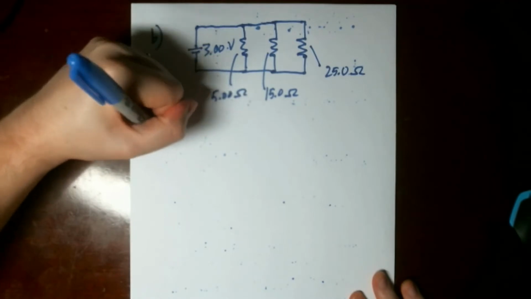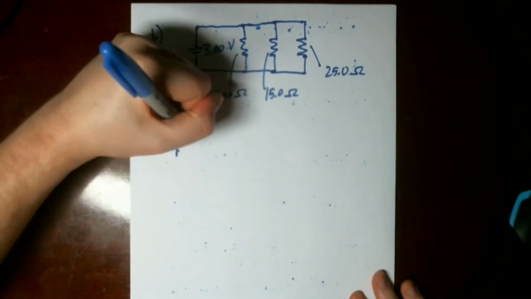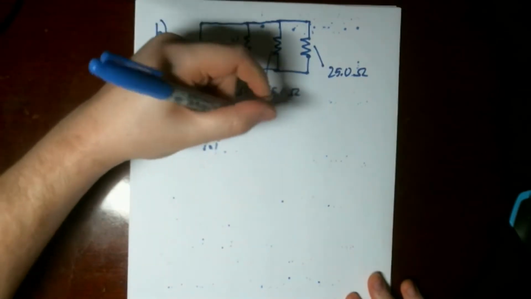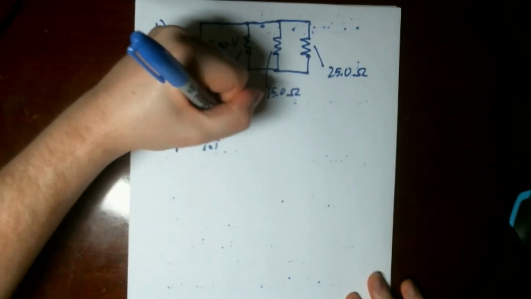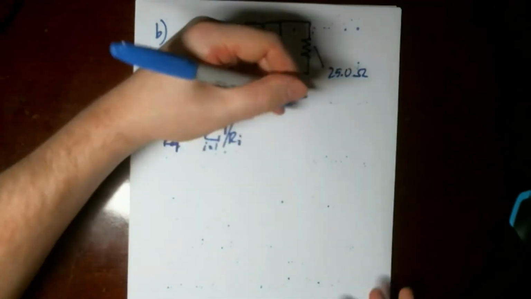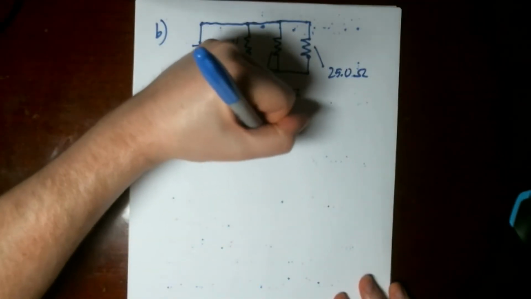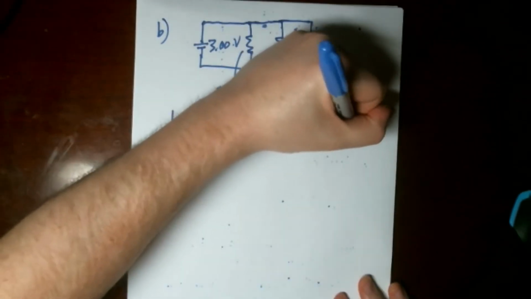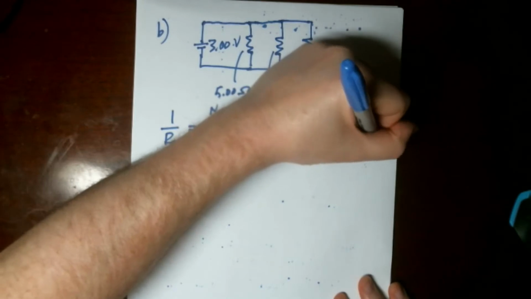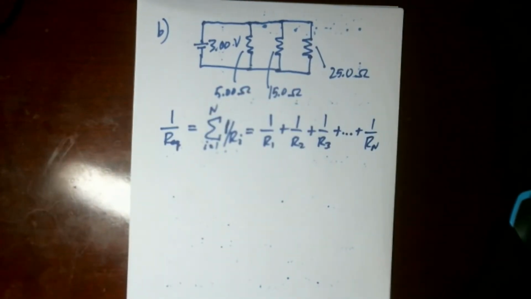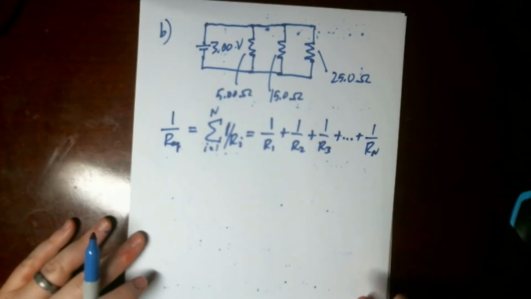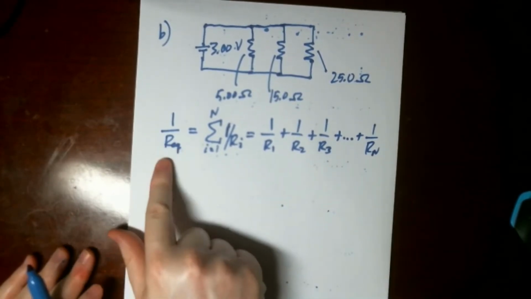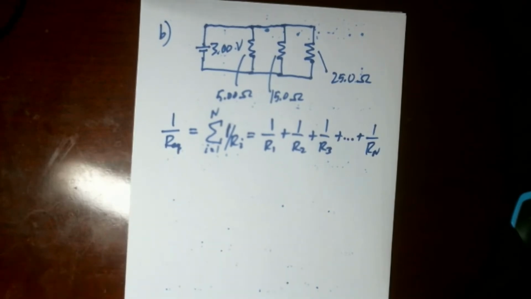So it goes like this. 1 over the equivalent resistance is equal to the sum of 1 over each of the individual resistances. So in a parallel circuit, we put 1 over each individual resistance, add those fractions up to get 1 over the equivalent resistance, and then invert that entire thing to get the actual equivalent resistance.